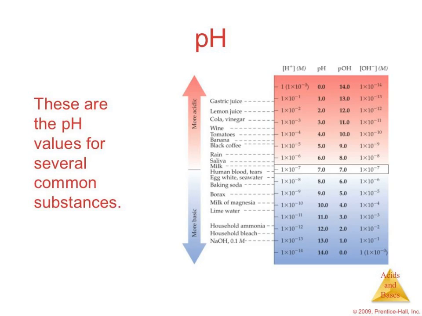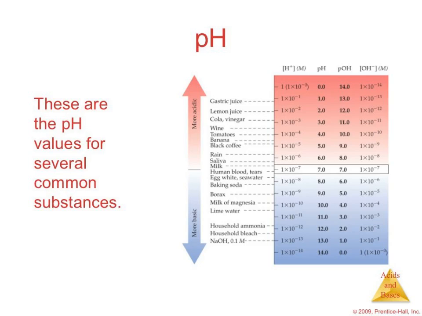Okay, pH values for several common substances. This is kind of useful just to look at the pH of some things. Gastric juice, pretty acidic, 1 times 10 to the negative 1st, so the pH of 1. So that's pretty acidic.